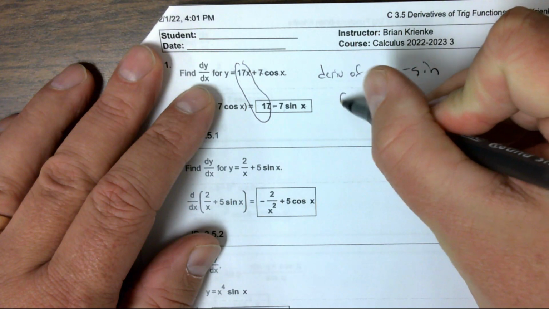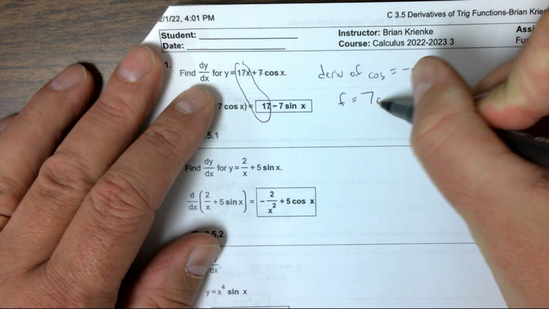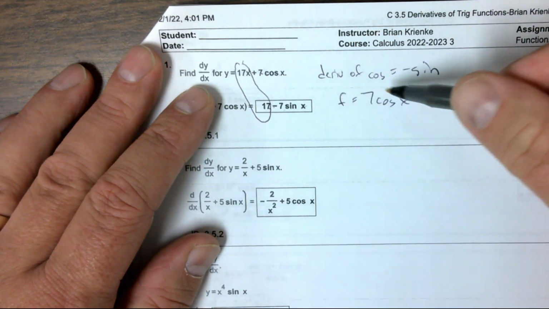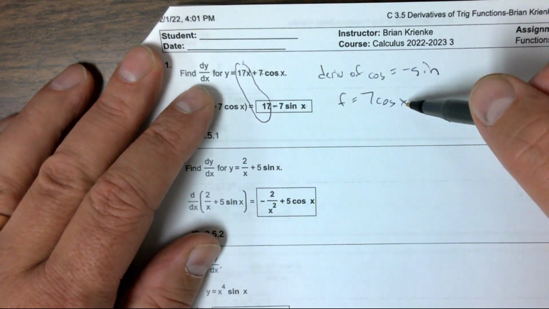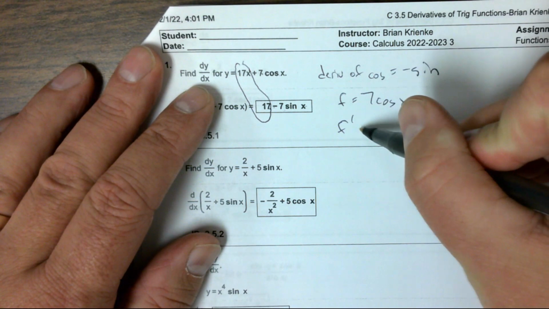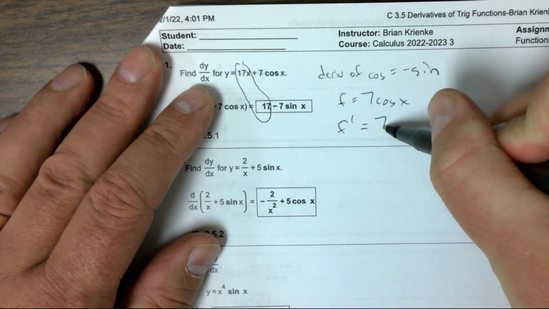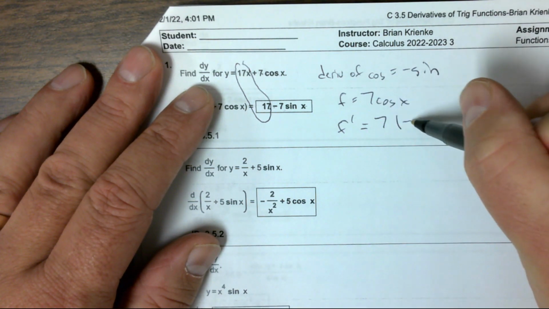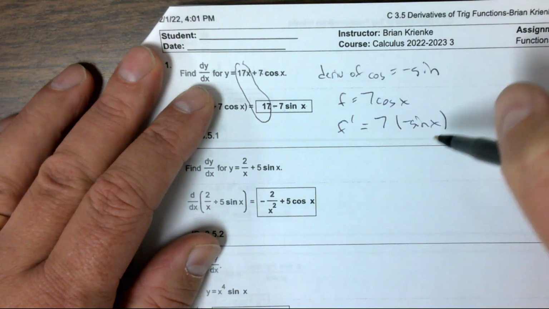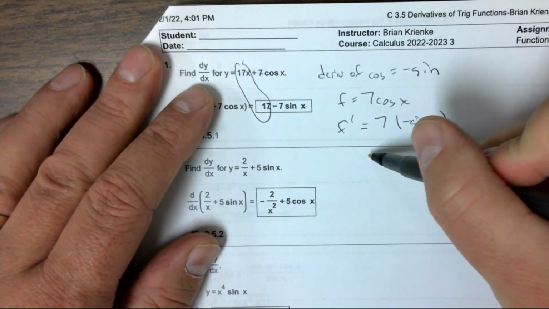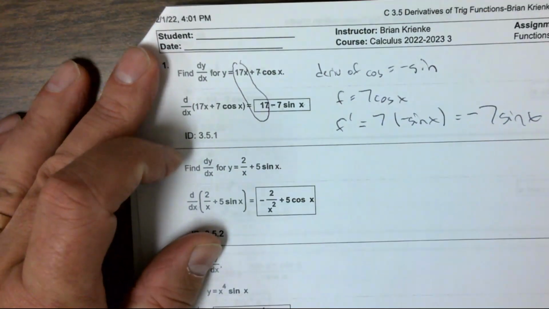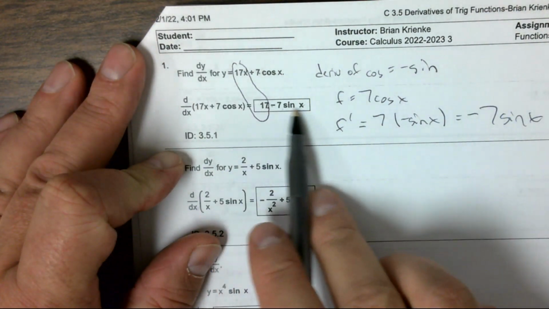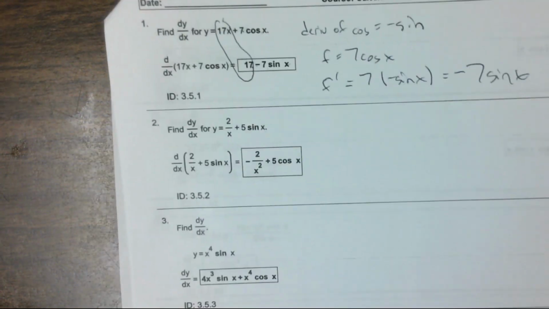So if f equals 7 cosine x, you're not using a product rule or anything. You're just bringing down the 7. The derivative of cosine is negative sine, and you just bring your negative in front. And we had already done the 17, so that's all that is.